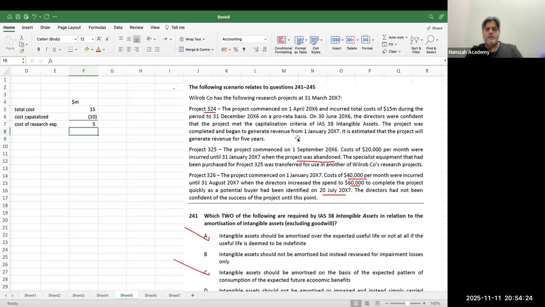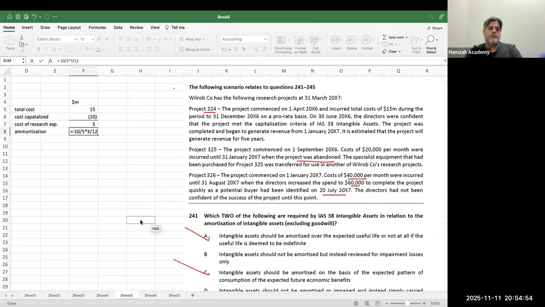Right? And on 30th June, we are now going to have the amortization, and the amortization is going to be 10 by 5 years. And from 1st January it started to give revenue, right? The year end is 31st March, so January, February, March.